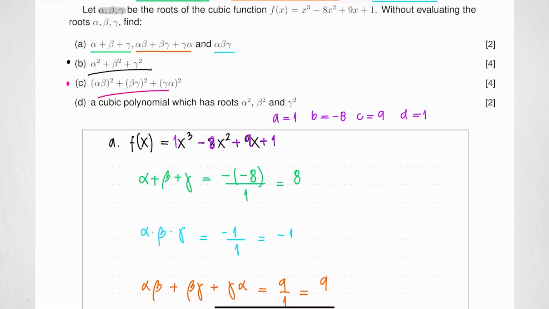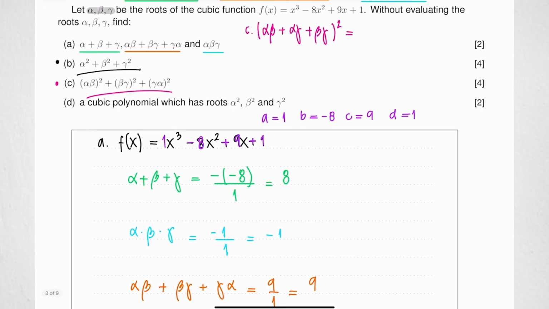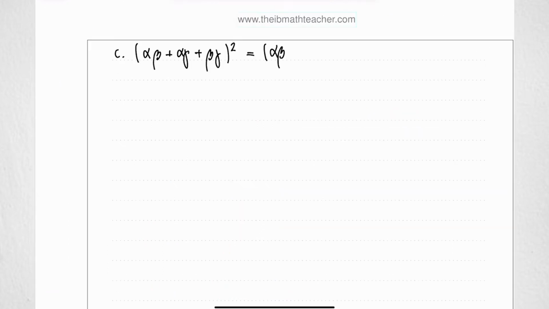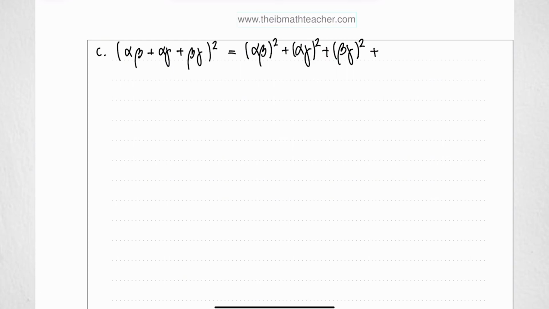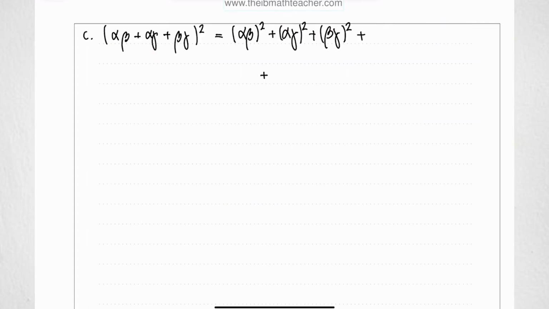Question C. The way to get these terms is to square alpha beta plus alpha gamma plus beta gamma. If you do so, and let me copy this to a different page, you should get alpha beta squared plus alpha gamma squared plus beta gamma squared, in a very similar way compared to question B. And then plus 2 alpha squared beta gamma plus 2 alpha beta squared gamma plus 2 alpha beta gamma squared, which you could rewrite as the following.